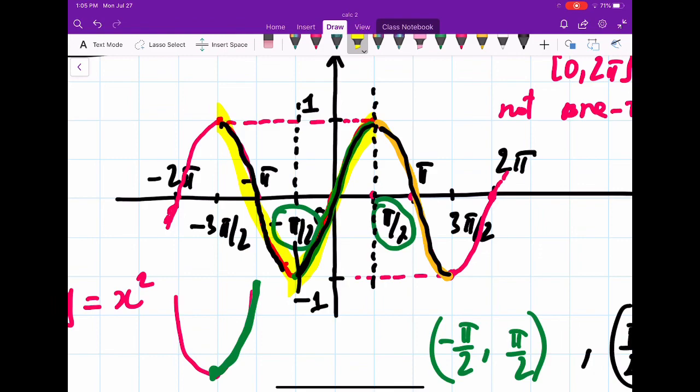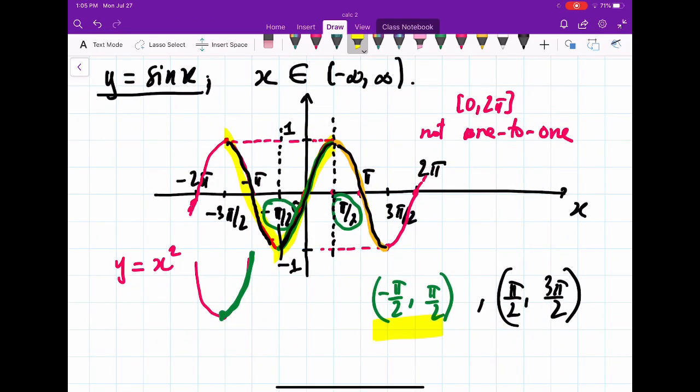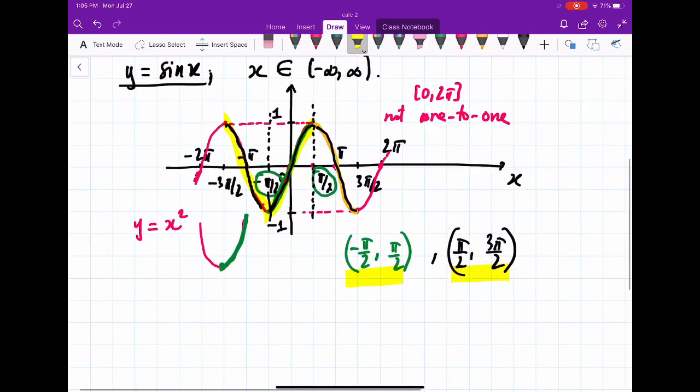So basically, you only need to consider one piece, like this or like this, and then you can just extend, right? But if we are talking about the inverse, we need to choose only one interval. So for psi of x, I would choose negative pi over 2 to pi over 2, for my consideration.